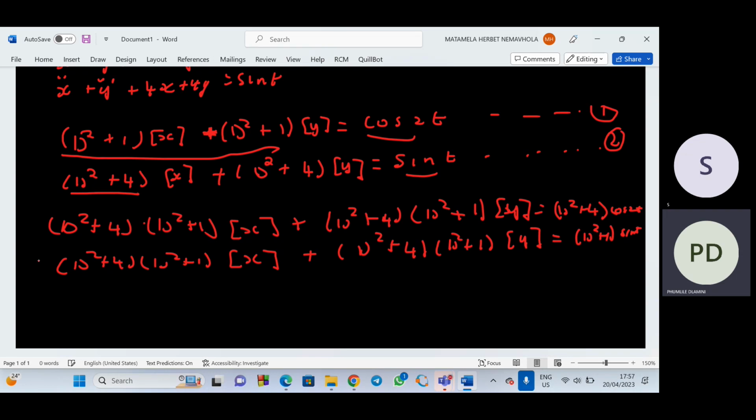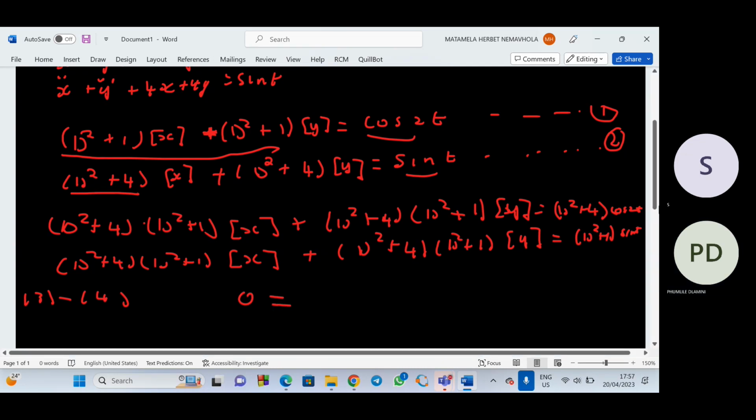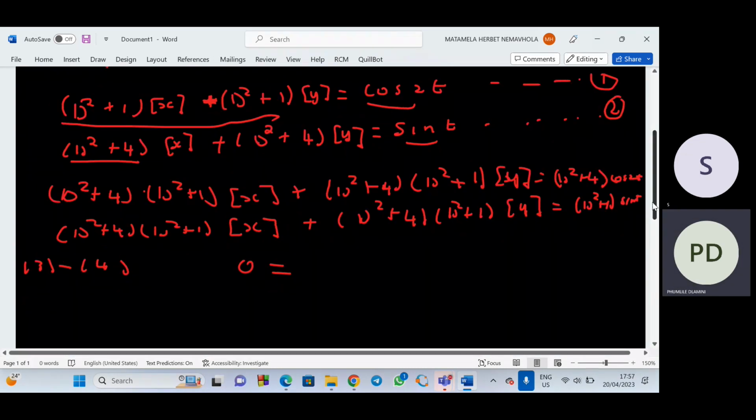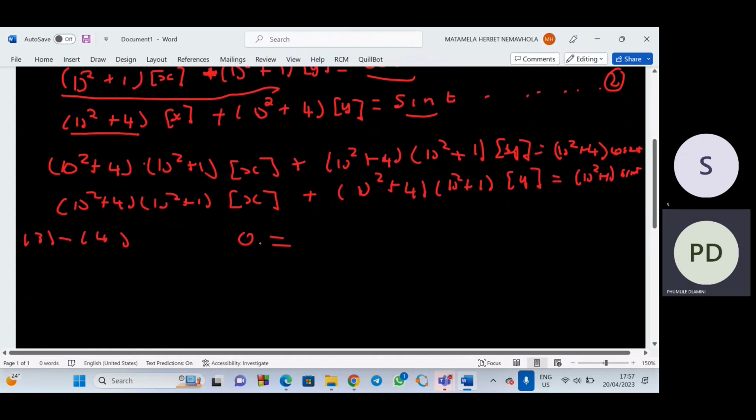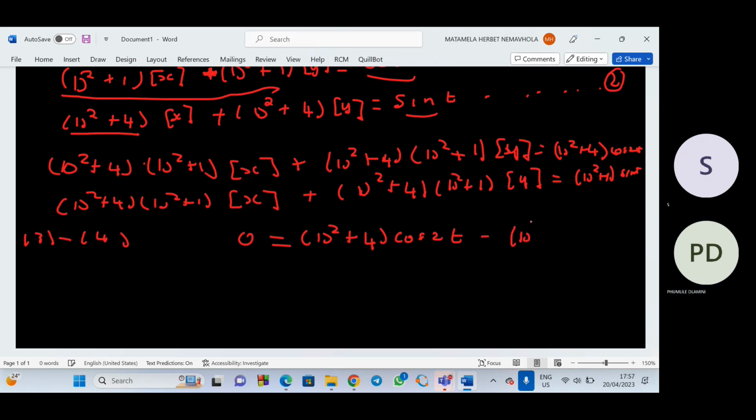So now, let's assume this is equation 3 and equation 4. If we say equation 3 minus equation 4, you will see that this is going to be 0, which is equals to d squared plus 4 of cos 2t minus d squared plus 1 of sine t.